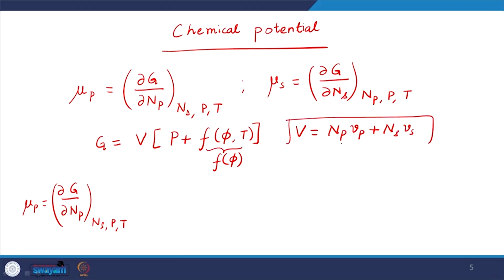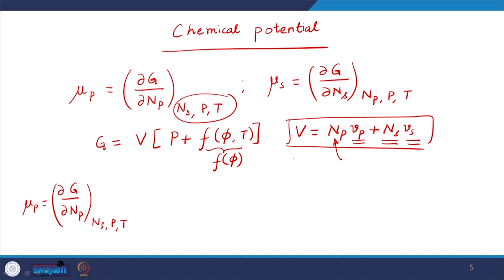Whenever we are doing this math, the key thing is to see what is the variable that is being held fixed. In this case, Ns, P and T are fixed. We are not saying anything regarding the volume, and volume is clearly changing when Np is changing, because Vp is constant, Ns is constant and Vs is constant, right. So, we will put that form here.